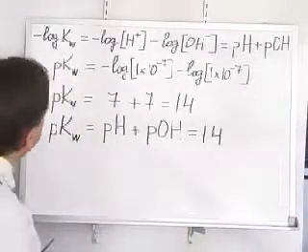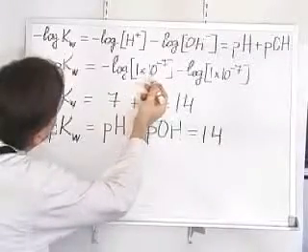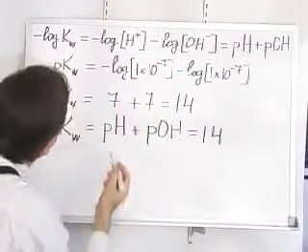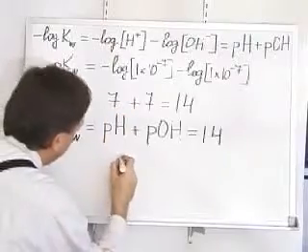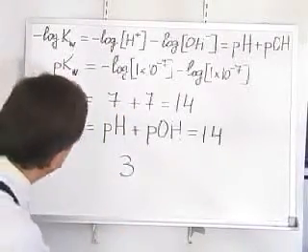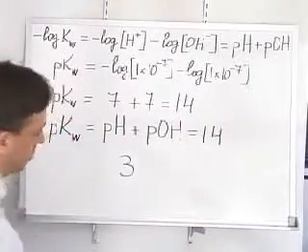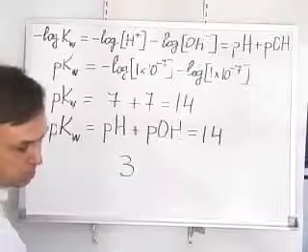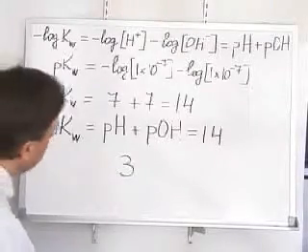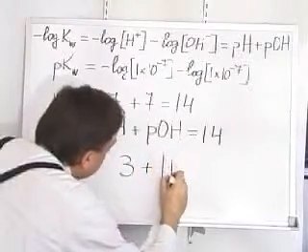For instance, the concentration of the protons can be 1 times 10 to the minus third. Therefore, the pH will be 3. In order to maintain the constancy of pKw equal to 14, pOH has to be 11.